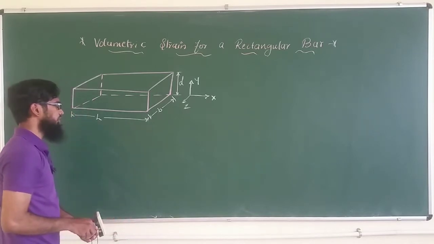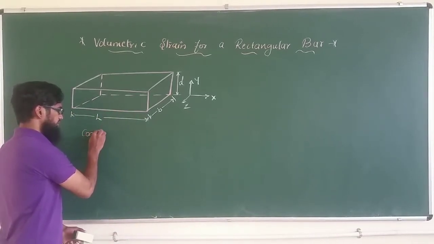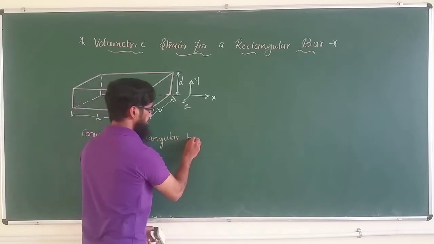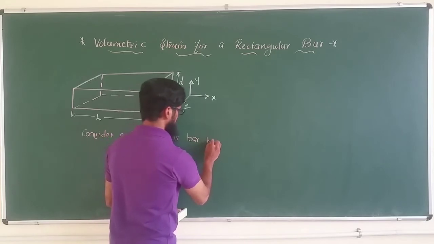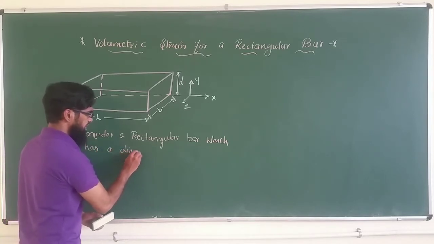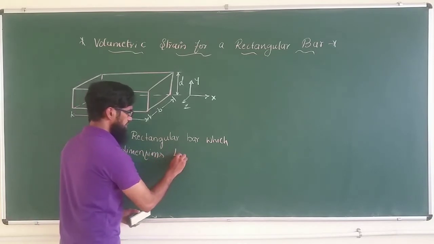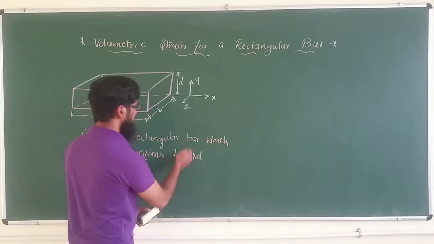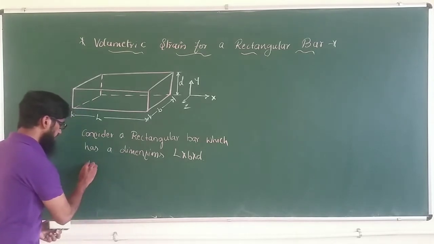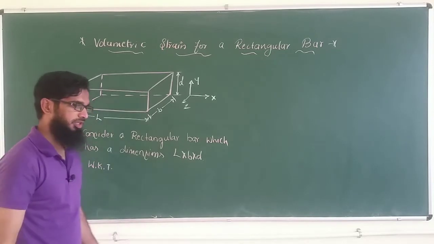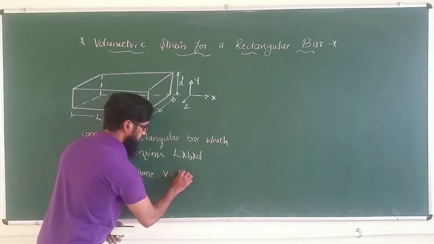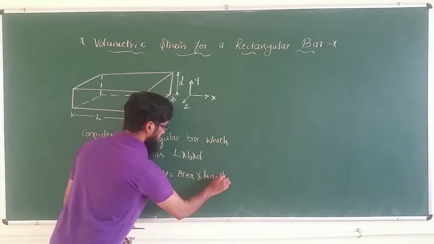Consider a rectangular bar whose dimensions are length L, width B, and depth D. We know that the volume of the rectangular bar is the area into length, that is, the cross-sectional area into length.